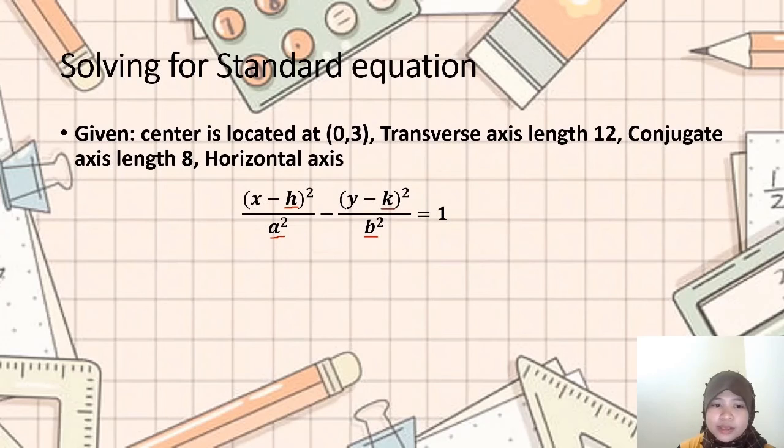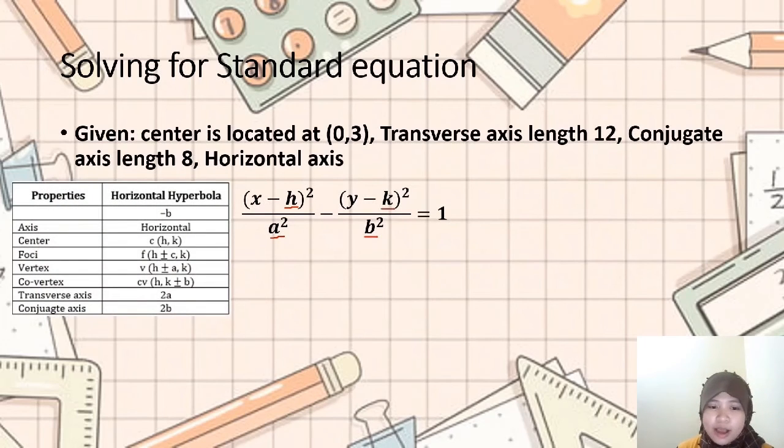Now we have to find the values of h, k, a, and b. And we're gonna use this table that I've shown you earlier as the guide. To find the values of h and k, as you can see in the table, the center is equivalent to h and k. Since our center is 0 and 3, our h is equal to 0 and k is equal to 3. To find the value of a, we're gonna use transverse axis.